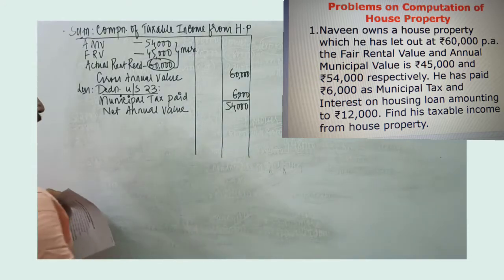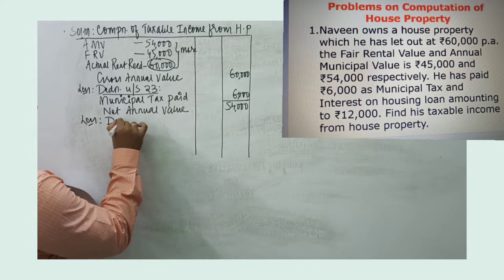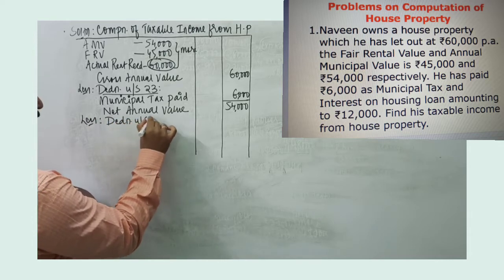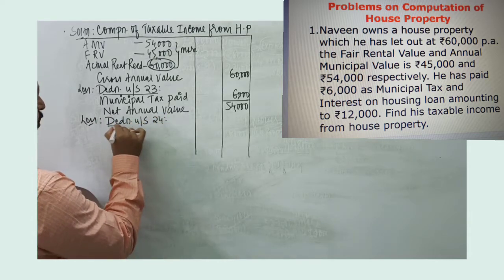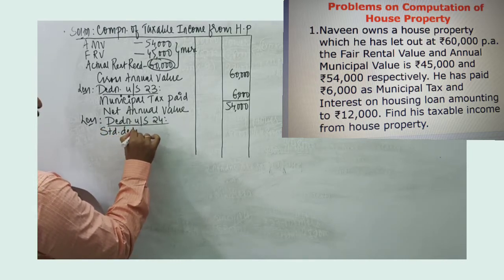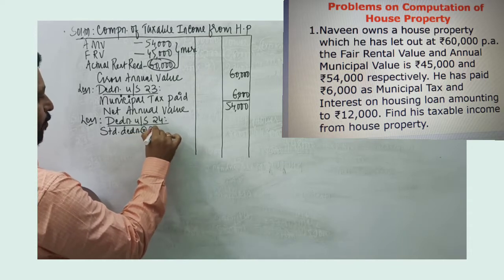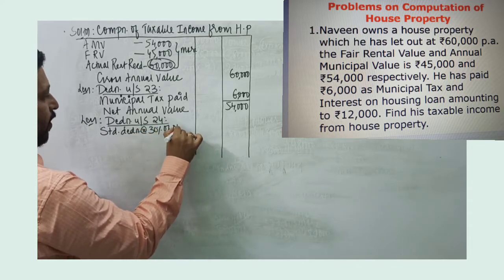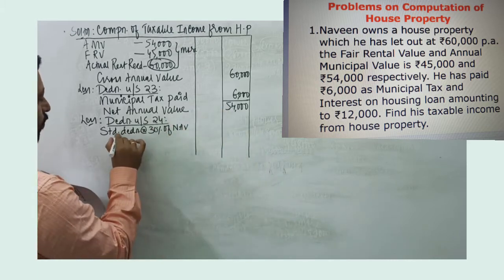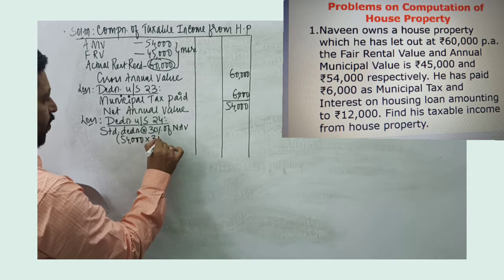And we know from the net annual value, we have two deductions under section 24. First deduction is standard deduction at 30% of NAV. Now we have the NAV value, which is 54,000, and 30% of that.